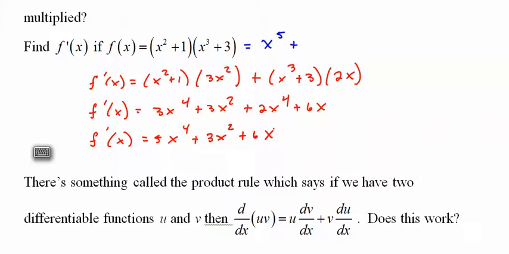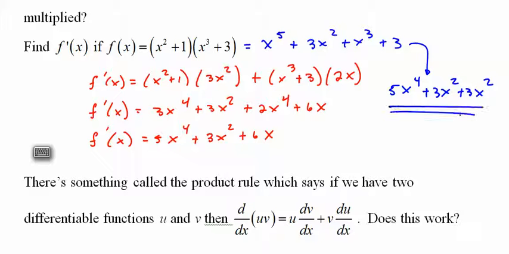Okay. X to the fifth plus 3x squared plus x to the third plus 3. Take the derivative here and we would get 5x to the fourth. I'm going to do the third term next to put it in order quicker. 3x squared, done.